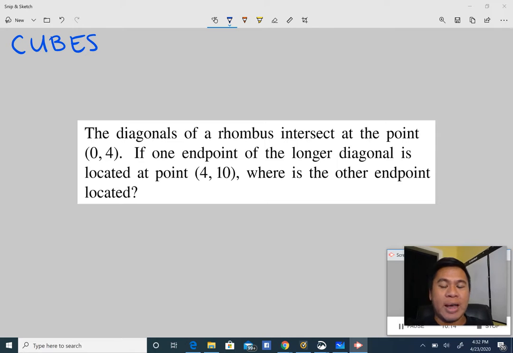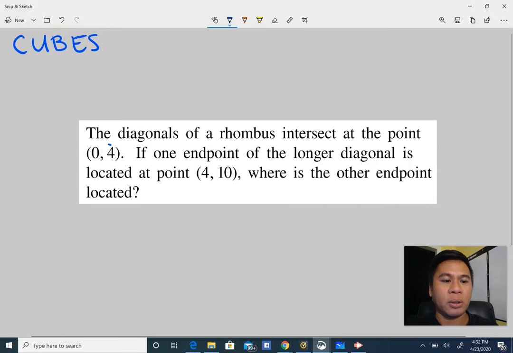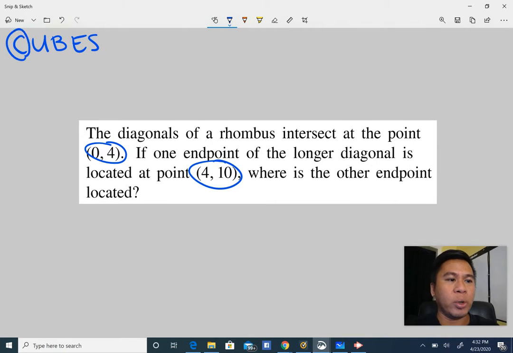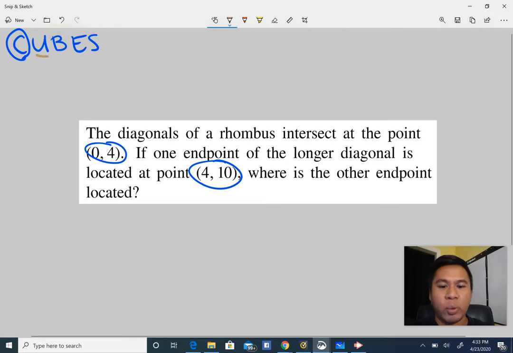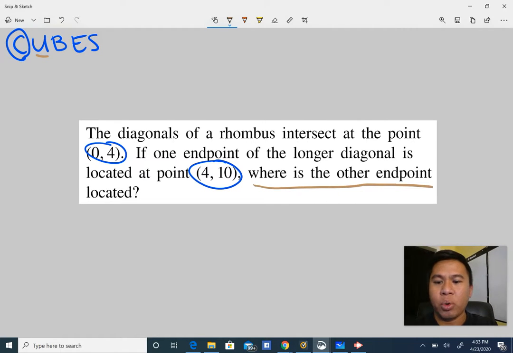Let us now consider the last problem for this case on rhombus. It says here the diagonals of a rhombus intersect at the point 0, 4 and 10. So we circled already the given numbers in here. Let us now underline the question. It says, where is the other point located?